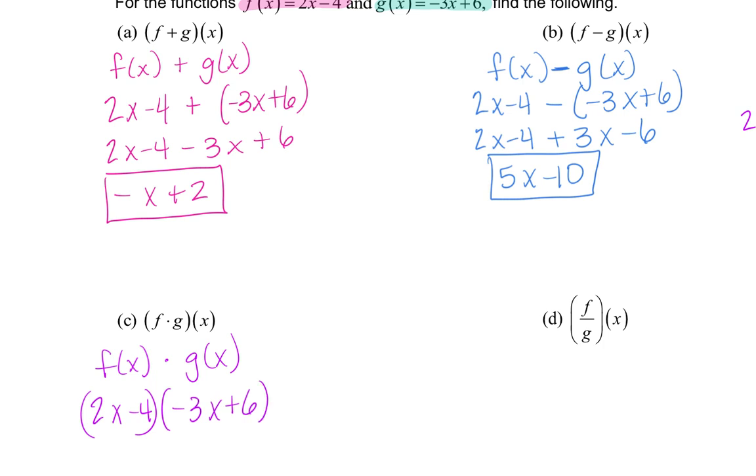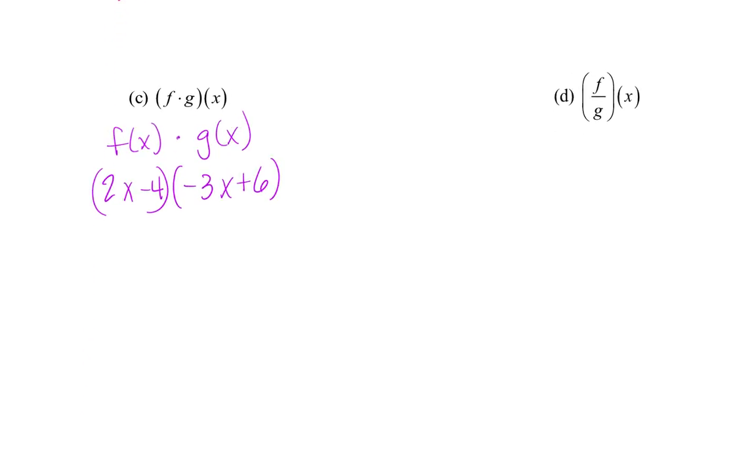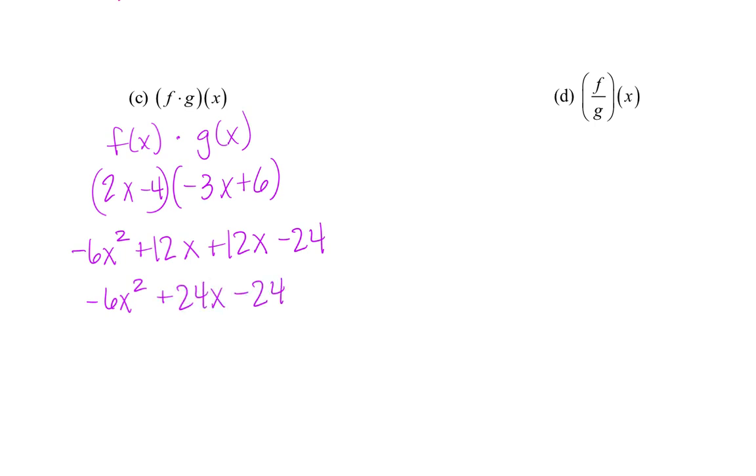This is just using your FOIL method or your double distribution to do this. 2x times negative 3x, negative 6x squared. 2x times 6 is 12x. Negative 4 times negative 3 is positive 12x. Negative 4 times 6 is negative 24. So you get negative 6x squared plus 24x minus 24.